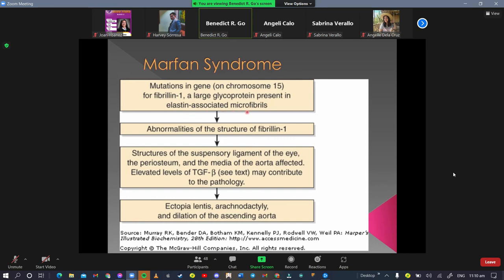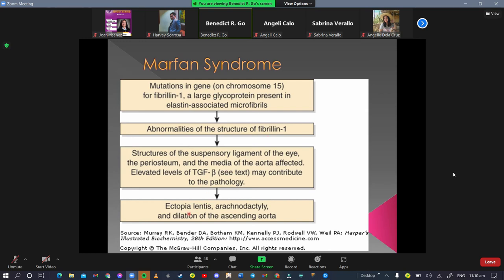Remember, when elastin fibers are extruded out extracellularly, they use the fibrillin as a scaffolding so that it can extend and grow there. Okay, so if you have problems with your fibrillin 1, you can also have problems with your elastin.